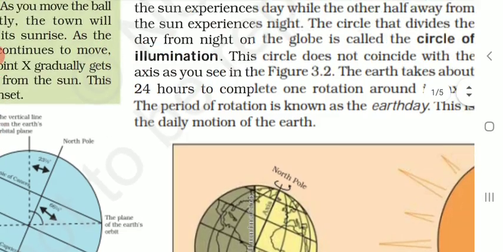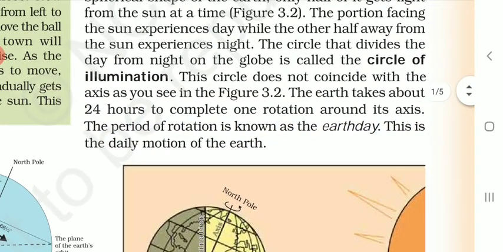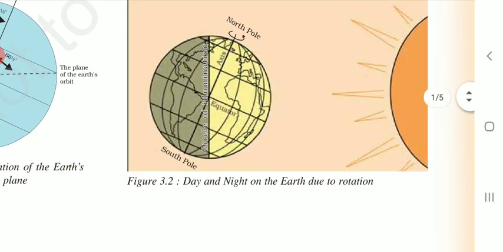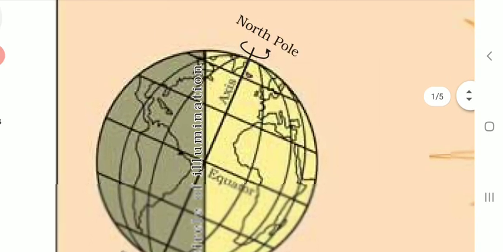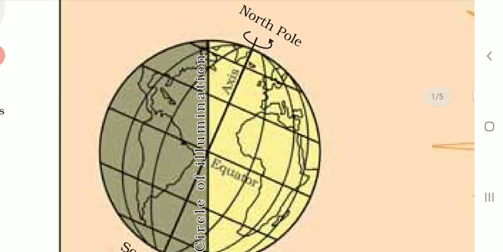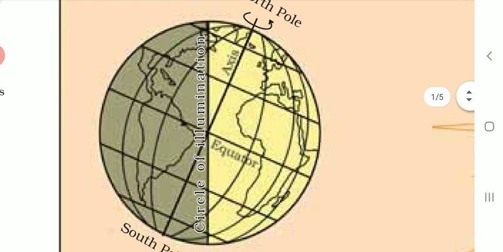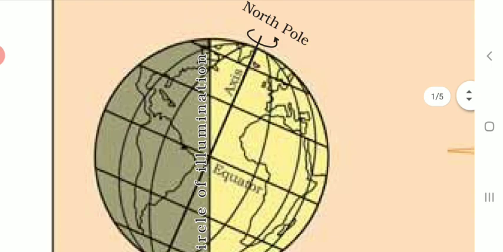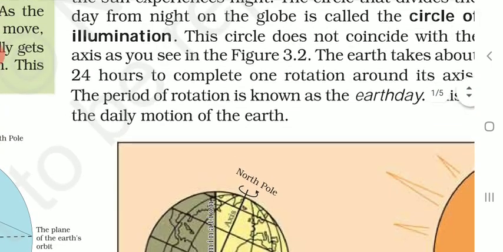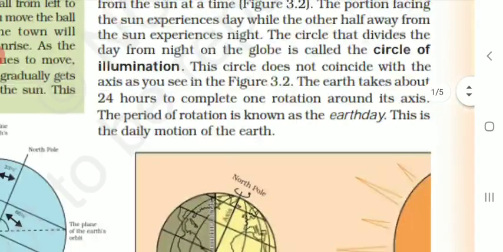In this way, the circle does not coincide with the axis, as you can see in figure 3.2. You can see the axis is tilted and the circle of illumination is straight. Because of this, the axis and the circle of illumination do not coincide.